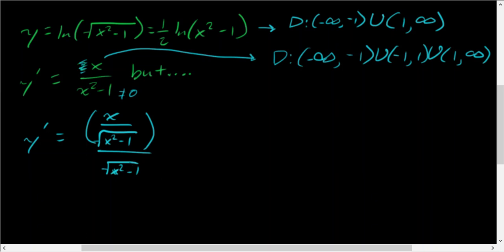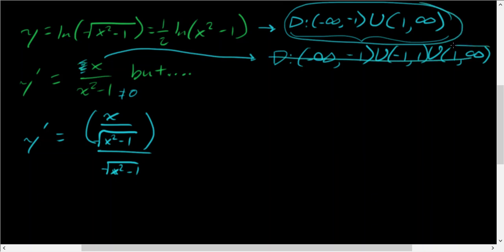Square roots are only defined where it's positive. What values gave you a positive result? That was only this guy. So this one can't possibly be the domain. You guys see that?